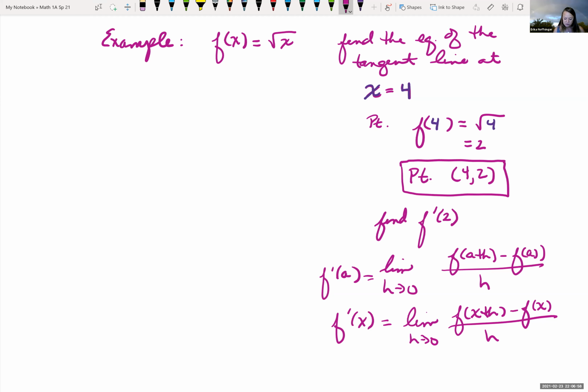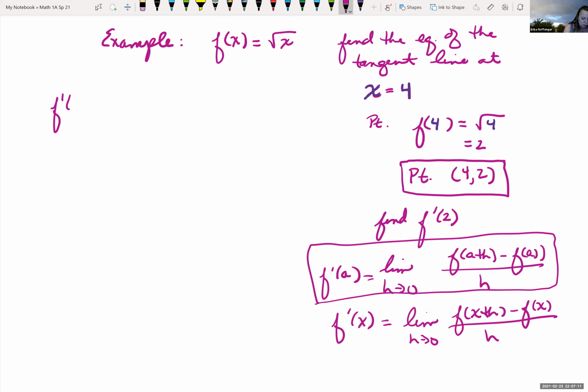So it doesn't matter. Because we don't have to find the derivative at more than one value of x, let's just do it this way. And this is what you guys were doing when we were looking at 3.1 instantaneous rate of change. So if I want to find f prime of 4, this is equal to the limit as h goes to 0 of f of 4 plus h minus f of 4 all over h. Oops, I forgot to put in my limit here.